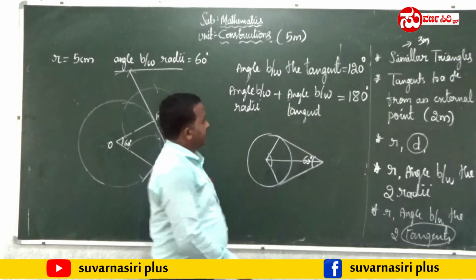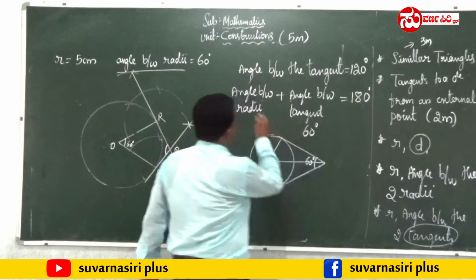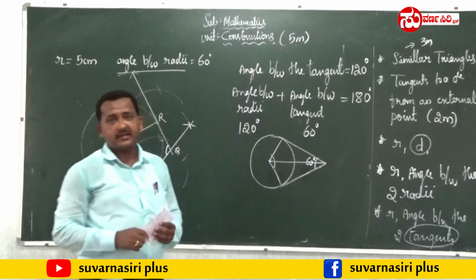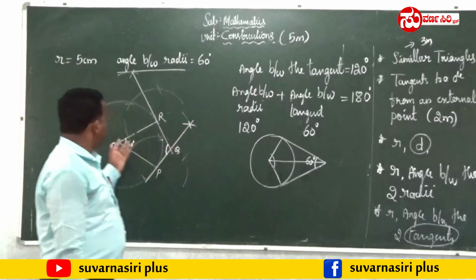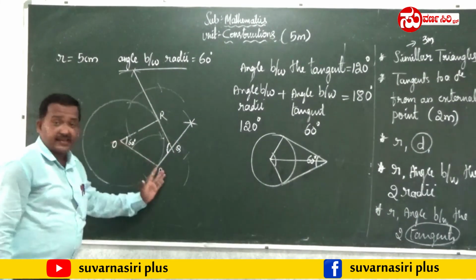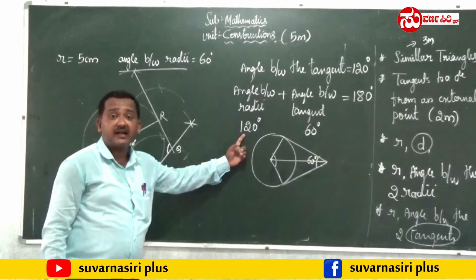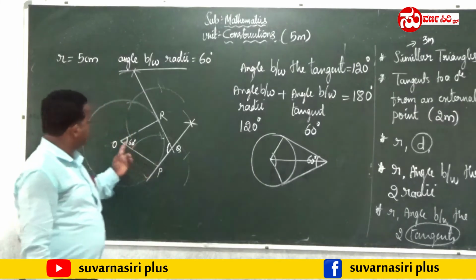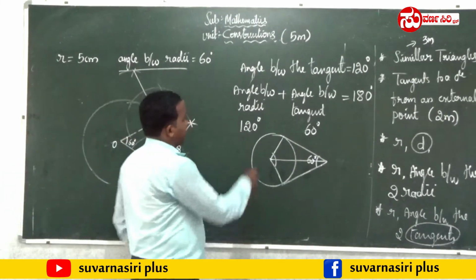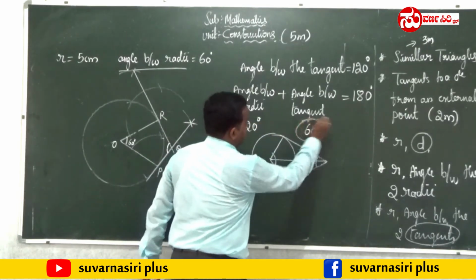If the angle between the tangents is 60 degree, the angle between the radii will be 120 degree. Thereafter you have to follow the same procedure, drawing a circle, one radius and another radius whose angle between them will be 120 degree. Then you follow the same procedure by which you get the angle between the tangents as 60 degree.